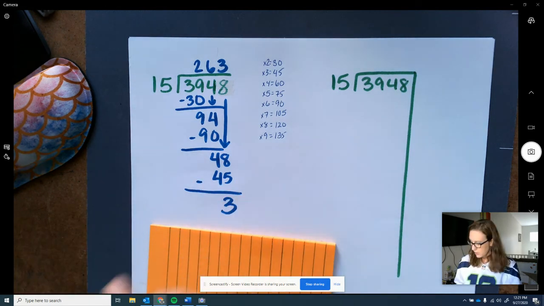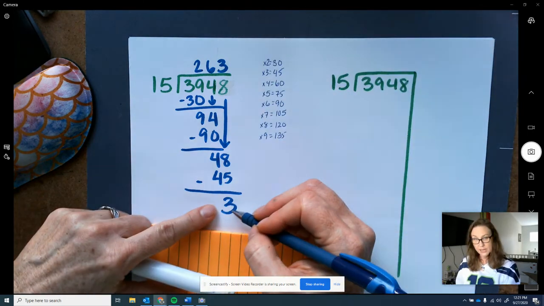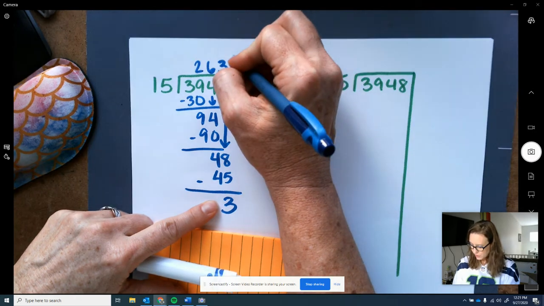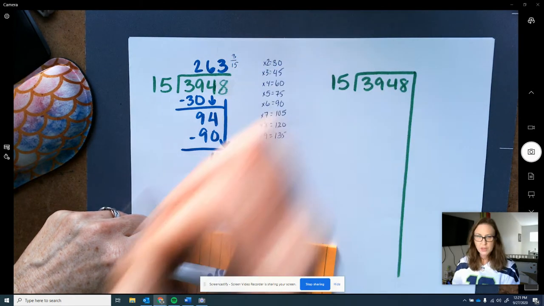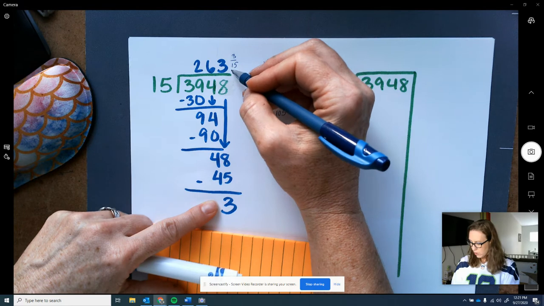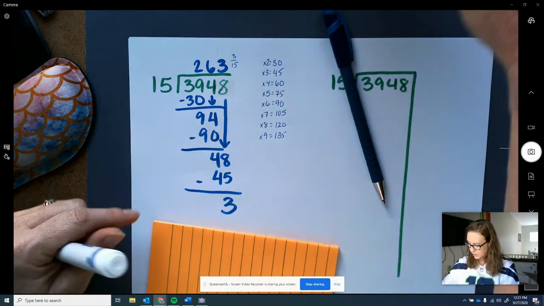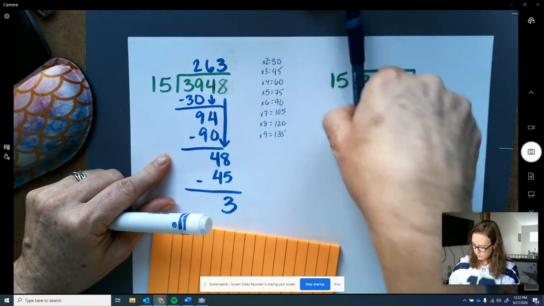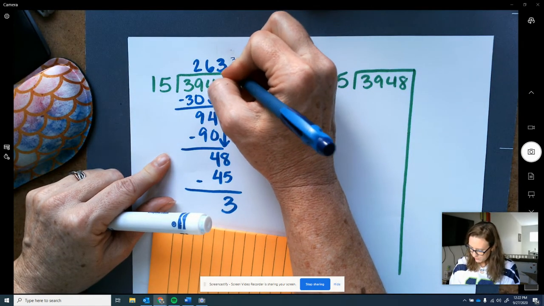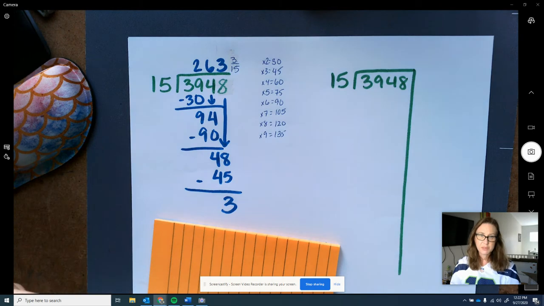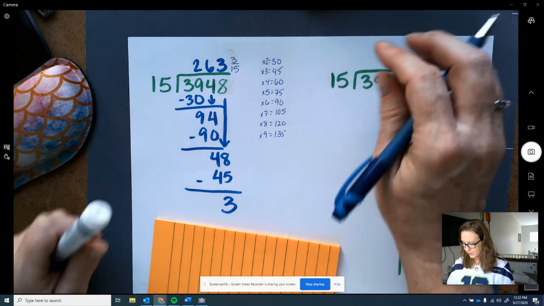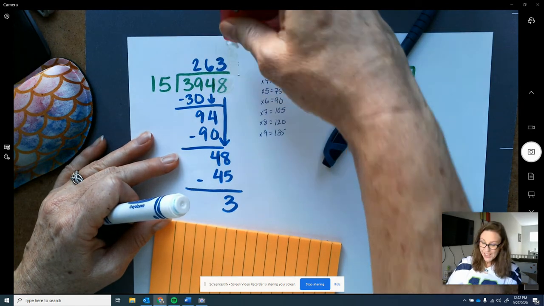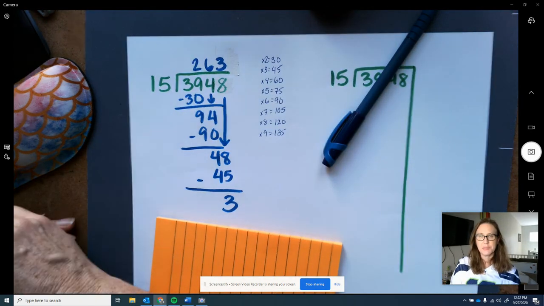For right now, I'm just going to tell you that you can end it with a fraction by saying 3 out of 15, or 3/15. And that can be simplified to 1/5, but we're not going to get into that right now. Or you can end it with a decimal. And we're going to be working on that concept in a couple of days.